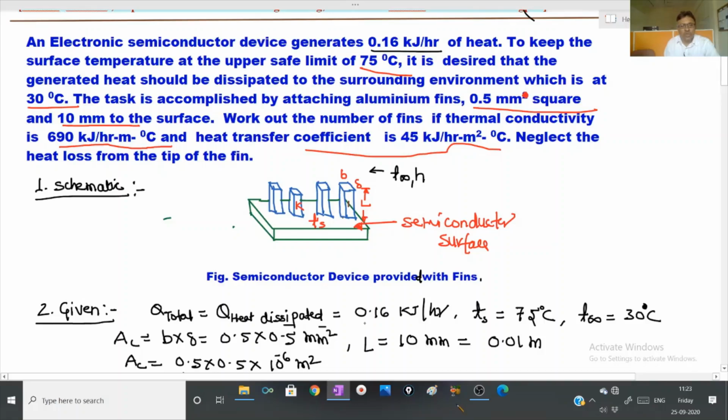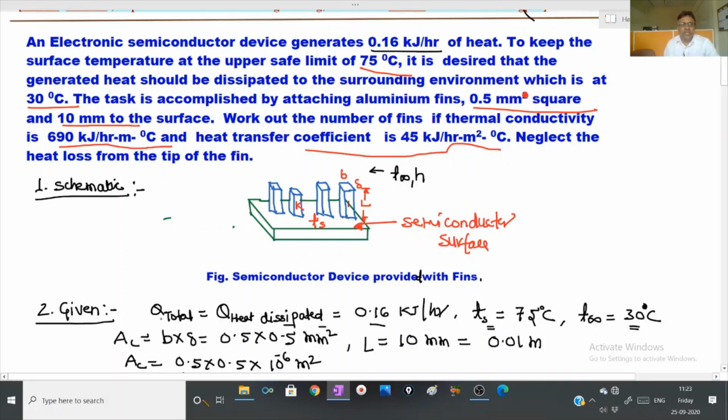So Q total, or Q heat dissipated, will be 0.16 kilojoule per hour. The surface temperature must be maintained at 75 degrees Celsius, so Ts is equal to 75 degrees Celsius. The entire setup, that is semiconductor device plus fin, is exposed to the environment at 30 degrees Celsius.